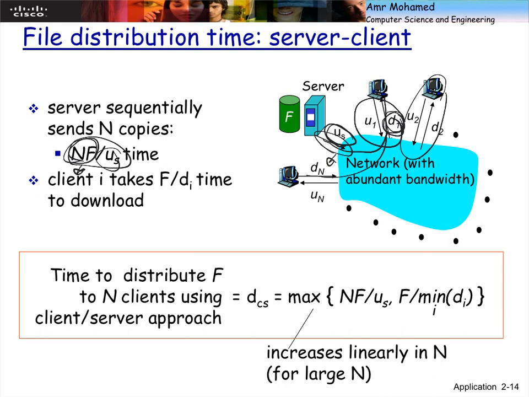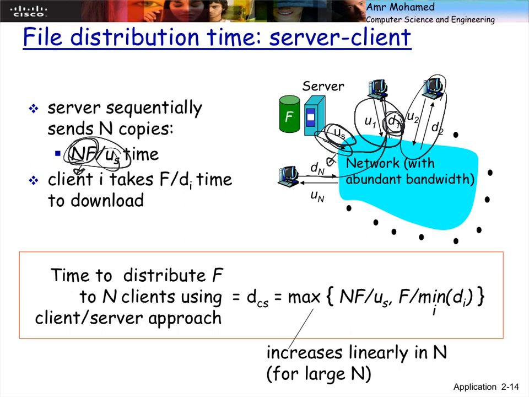So I get N times F divided by US. This will give me the amount of time that I need to send this information to all the N clients, and I can send this to all of them at the same time.